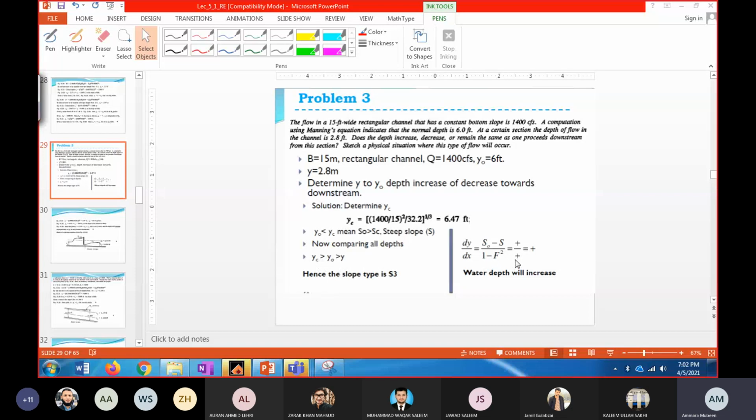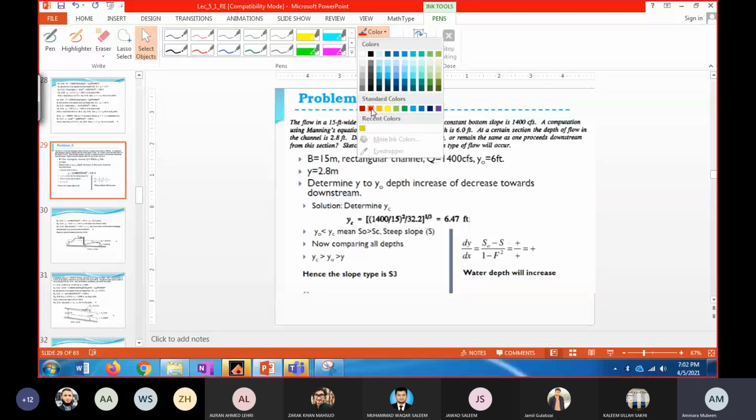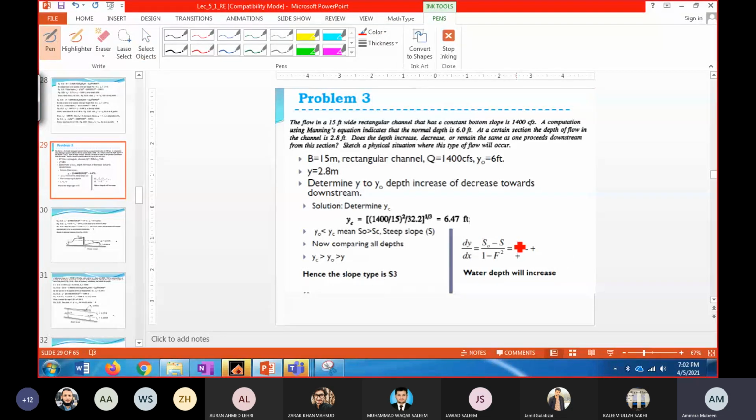So the denominator would also be negative. So negative over negative becomes positive. That would be the reason for the positive gradient of the water surface profile. Okay? So you have to rectify this. This is negative.